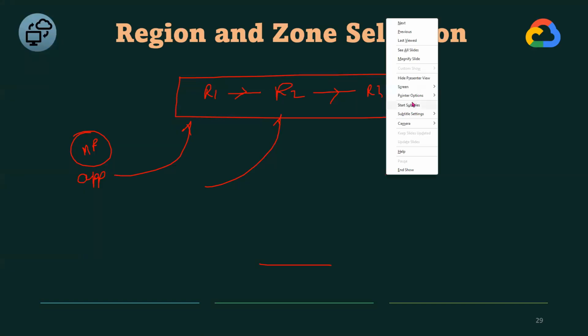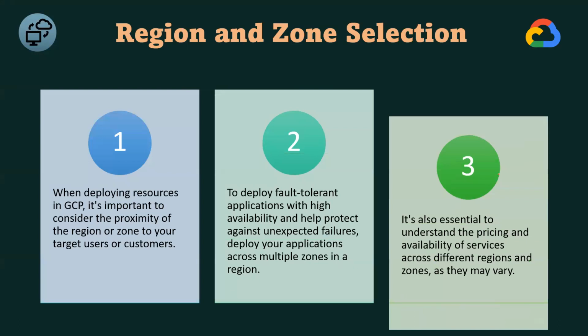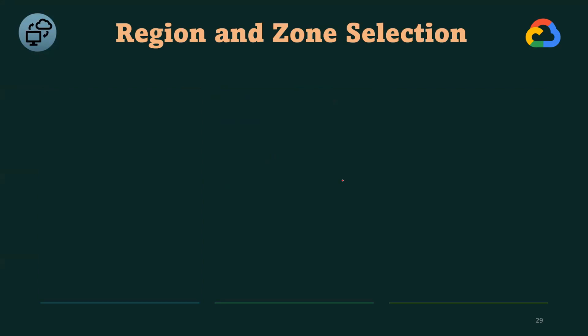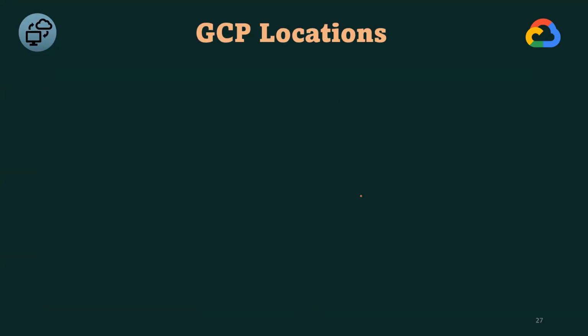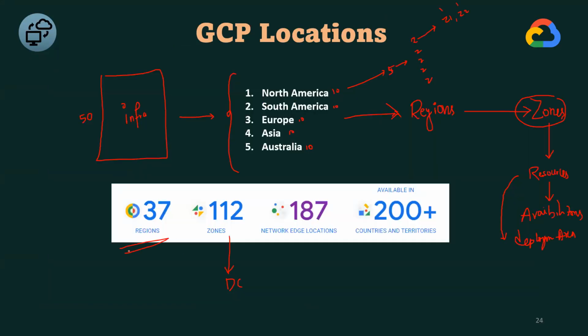Any questions? Yes, please. Not 112 regions, there are 37 regions. Yes, zones are 112.